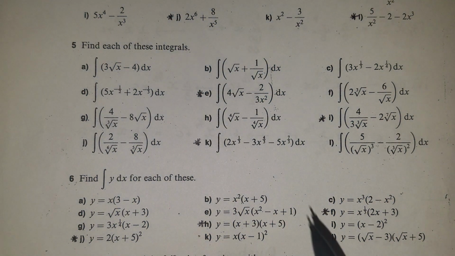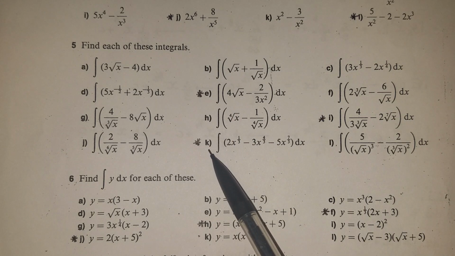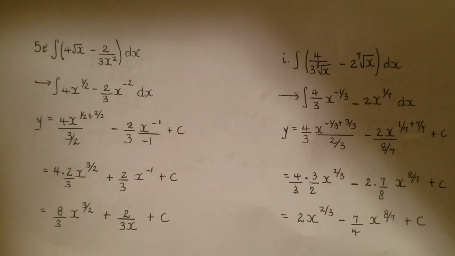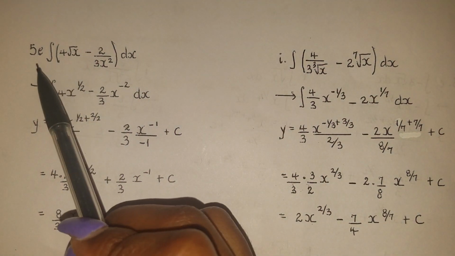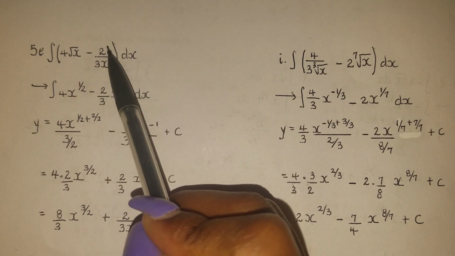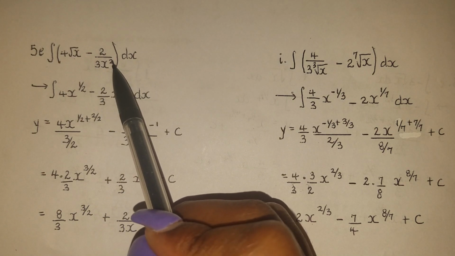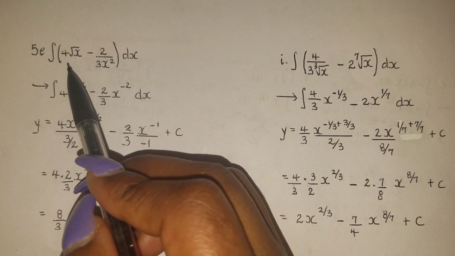In question 5, I chose to do E, I, and K. Okay, so in part E, it's the integral of 4 root x minus 2 all over 3x squared. First, I rewrote my function.